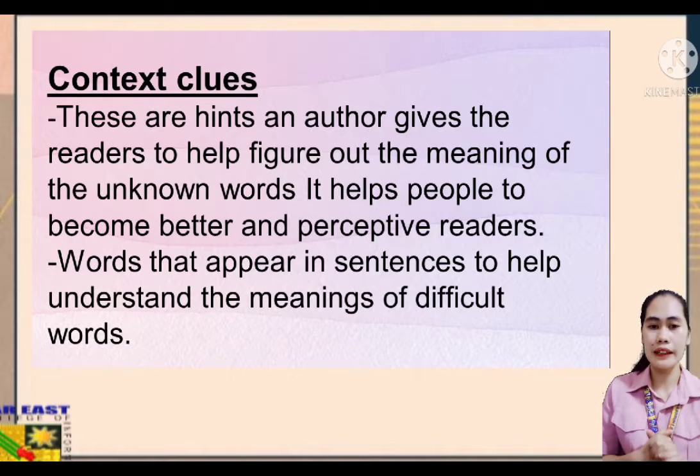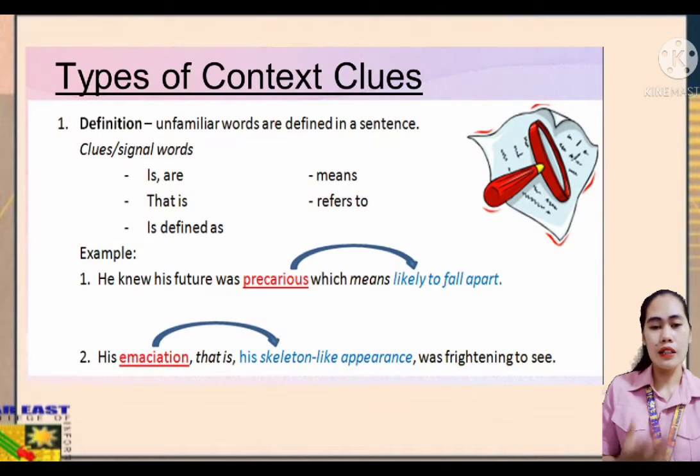So, we have different types of context clues. First is definition. So, sa definitions, unfamiliar words are defined in a sentence. So, sa isang sentence, kapag mayroong unfamiliar words, meron siyang dinidefine ng sentence na yun, yung ibig sabihin ng unfamiliar words na yun. Okay? So, yung definition in context clues.